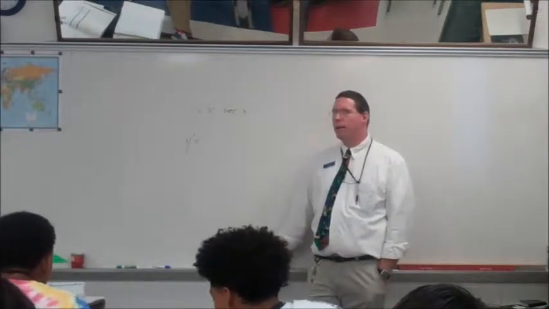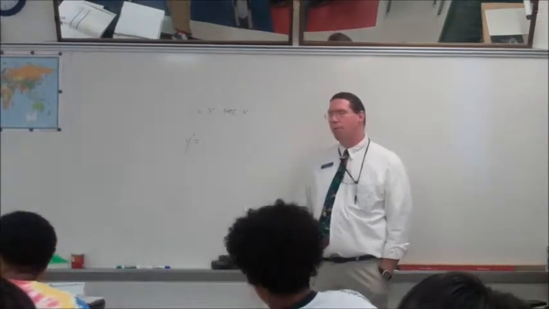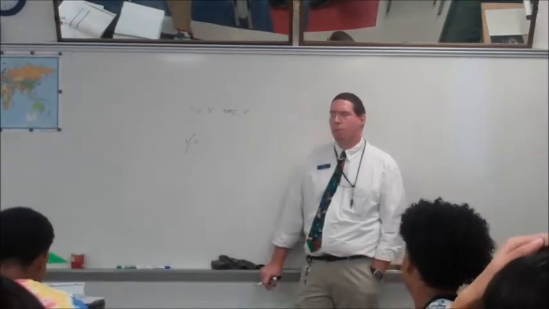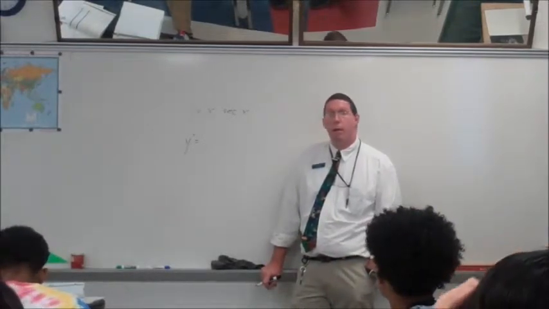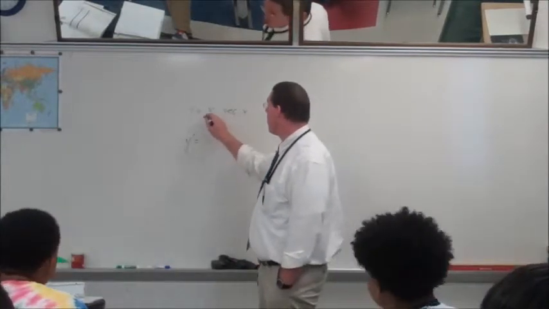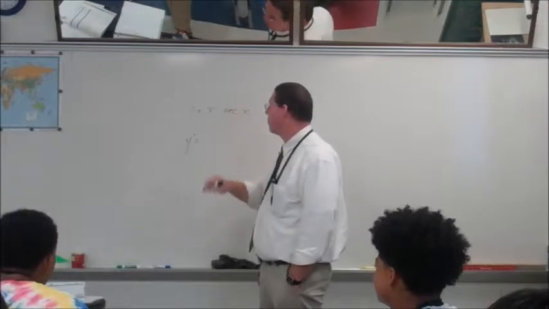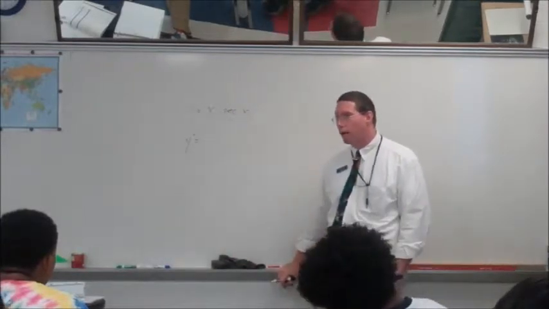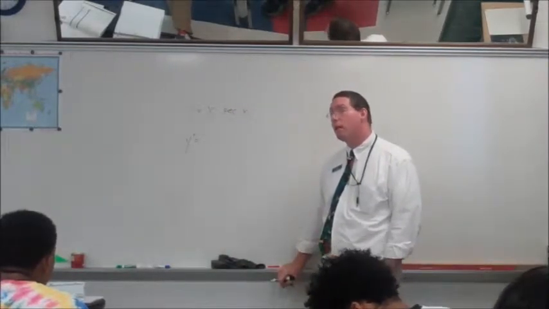Well, it's not a binomial because binomials include a plus or a minus. It's like x plus 1 is a binomial. This is a product, that's correct. It's a product of two functions. We have x times secant of x. So we have a product, therefore we need the product rule.